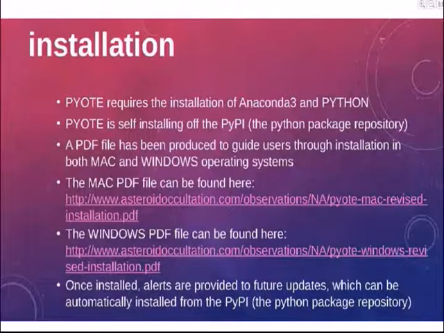So you can get the PDF files on how to install PYOTE from Brad's website. And once you get PYOTE installed, then as you open PYOTE each time, alerts are provided if there's a future update, and that update can be automatically installed from the Python package repository, which is pretty handy. Okay, next slide.